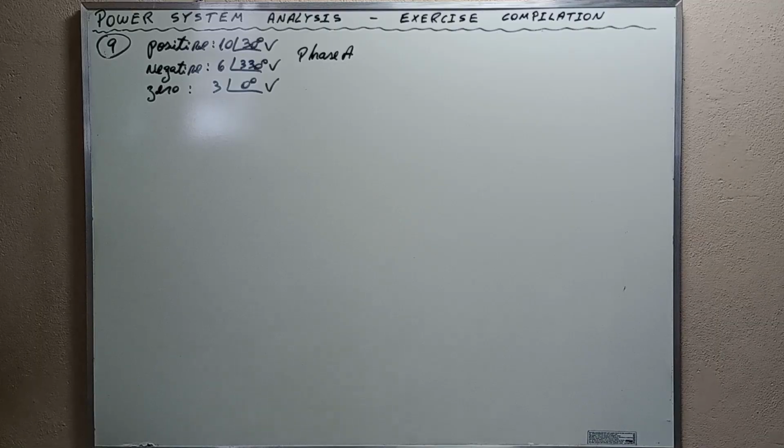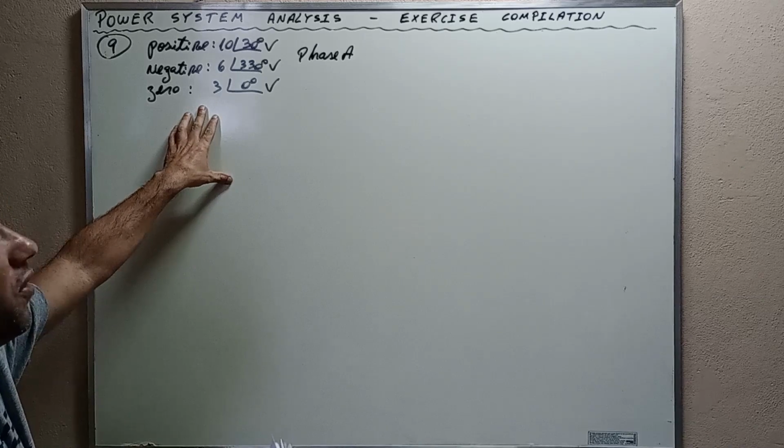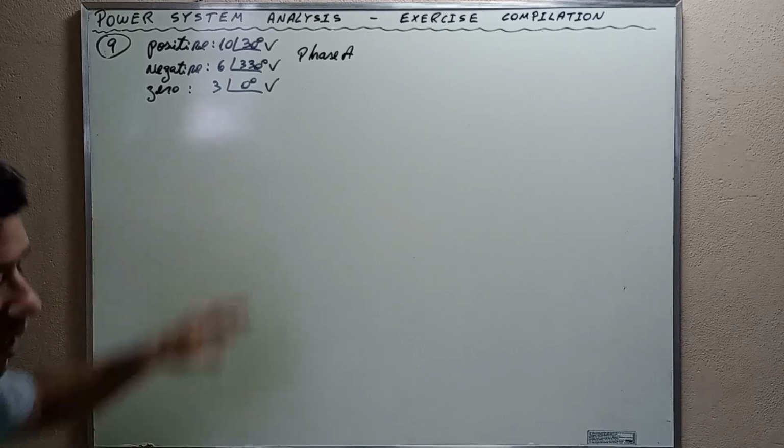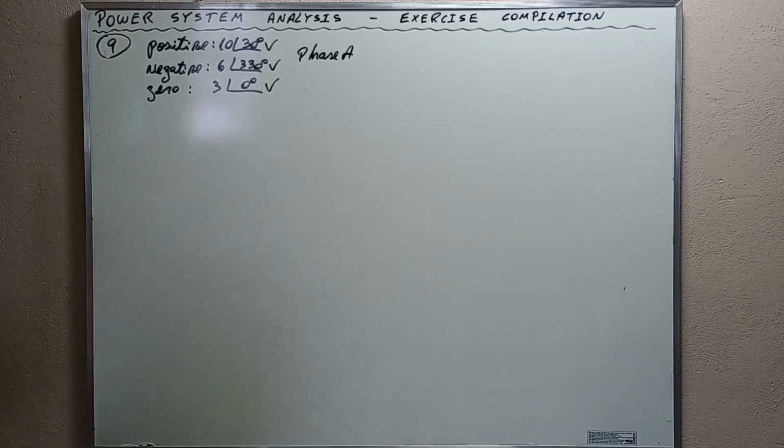Okay? This is the data that the exercise provided. Given the above, what is the value of the voltage of phase B? Okay, my friends, the exercise gave this information for phase A, and it wants us to find the voltage of phase B. Okay? This is the question. Let's go to the solution.